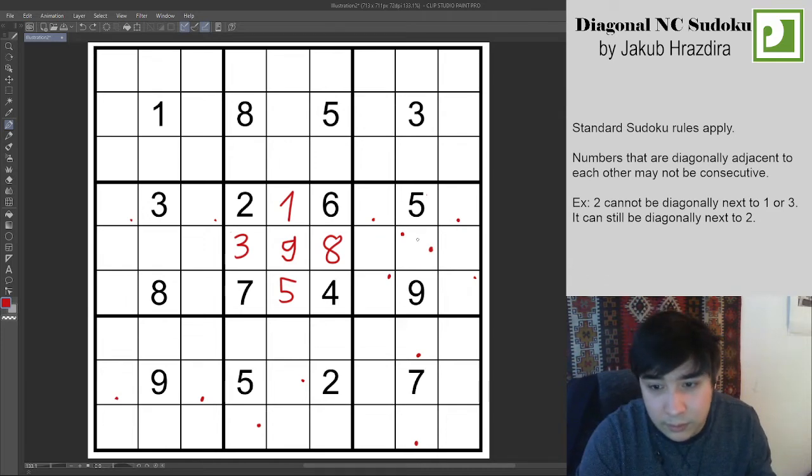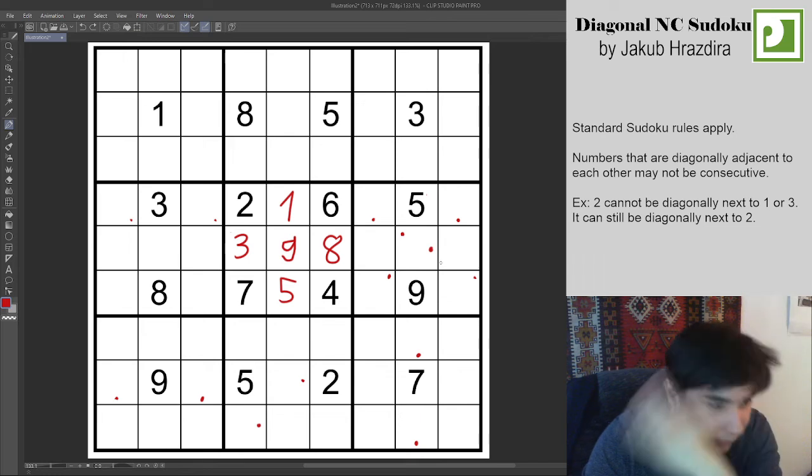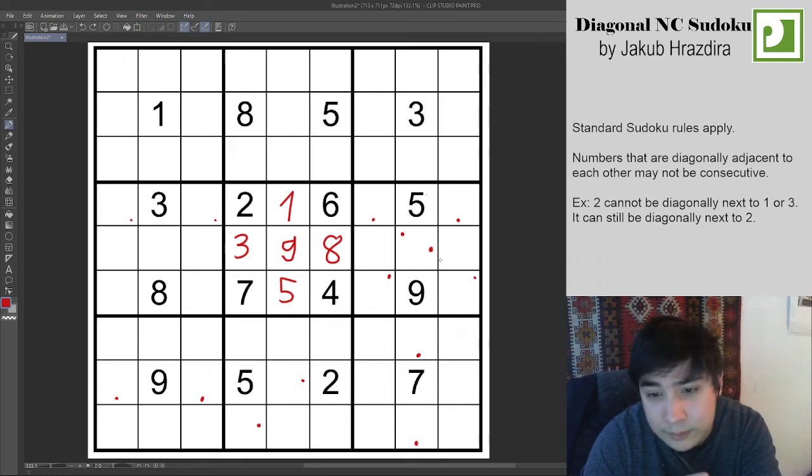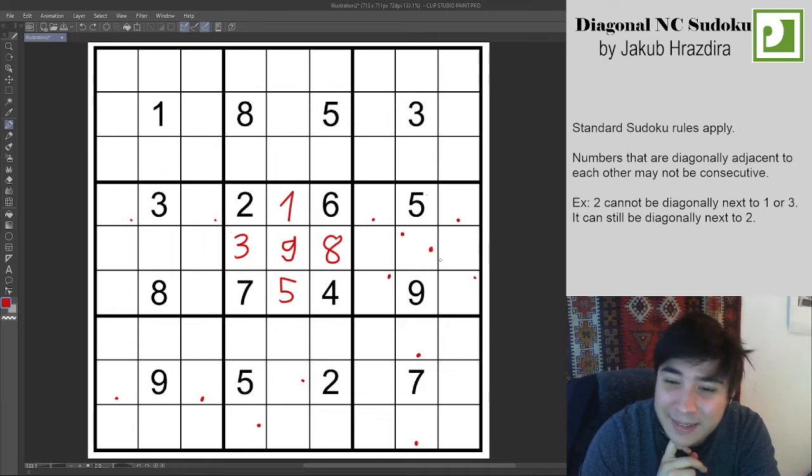Similar thing if this is a 6, then it would make the 5, well, there's already a 5, and it would make the 7 go in the middle, because it cannot be in the corner anymore. Just something to keep in mind.